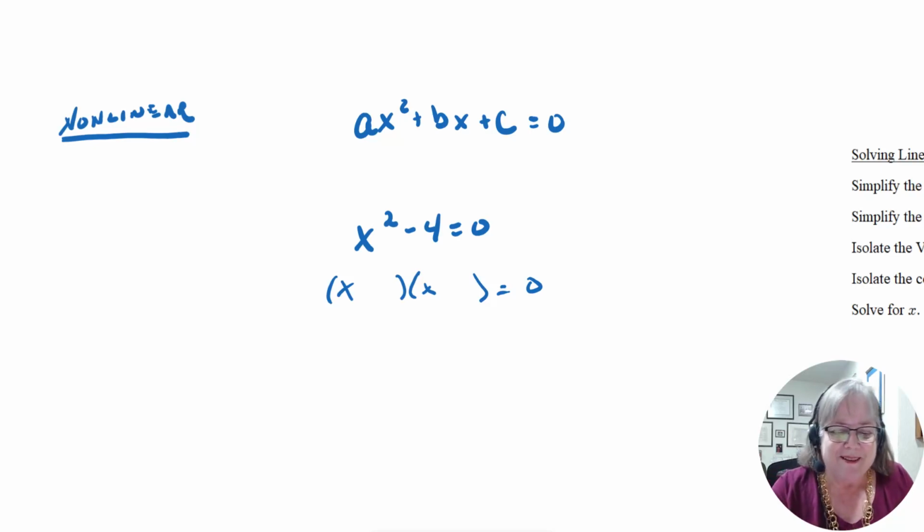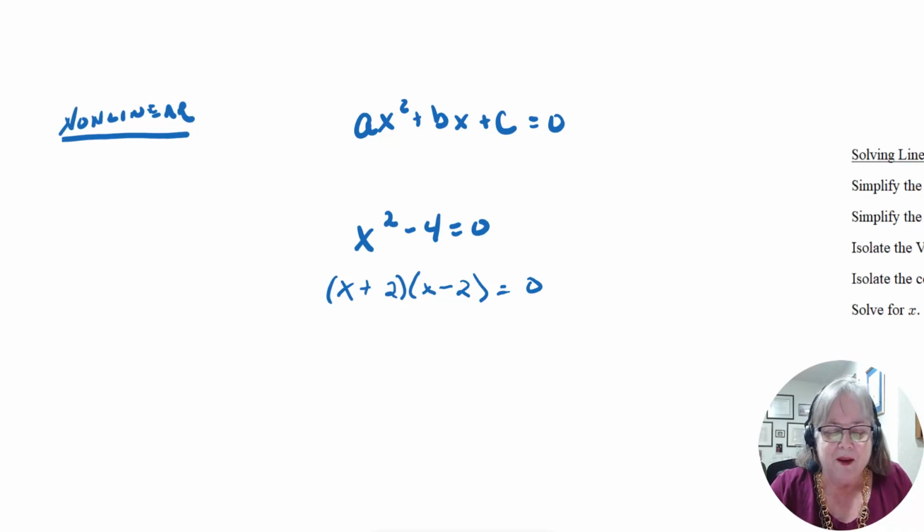So this would be 2, and this would be 2, and one of them's plus and one of them's minus. Some of you may say it's x minus 2 times x plus 2, and that is the same thing. It's like saying 2 times 3 is equal to 3 times 2. Well, x minus 2 times x plus 2 is the same thing as x plus 2 times x minus 2.